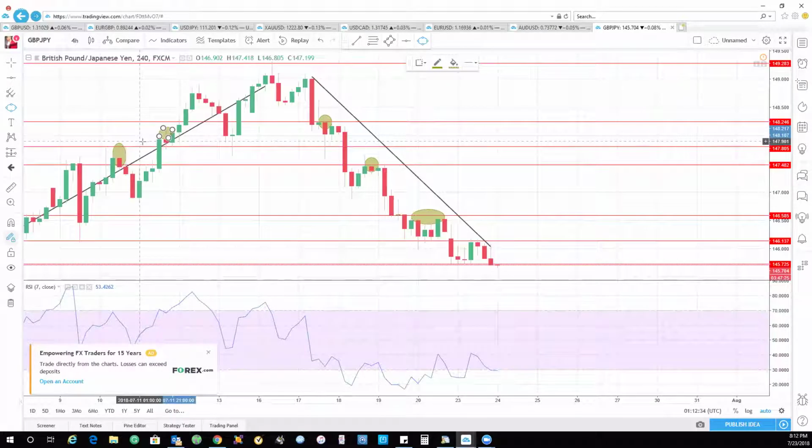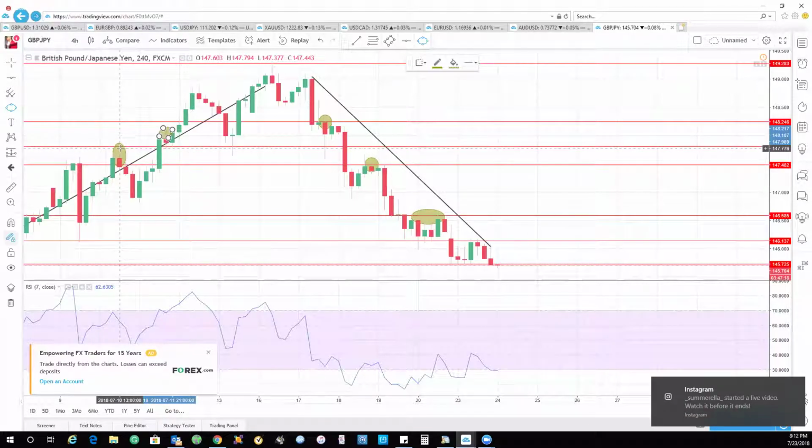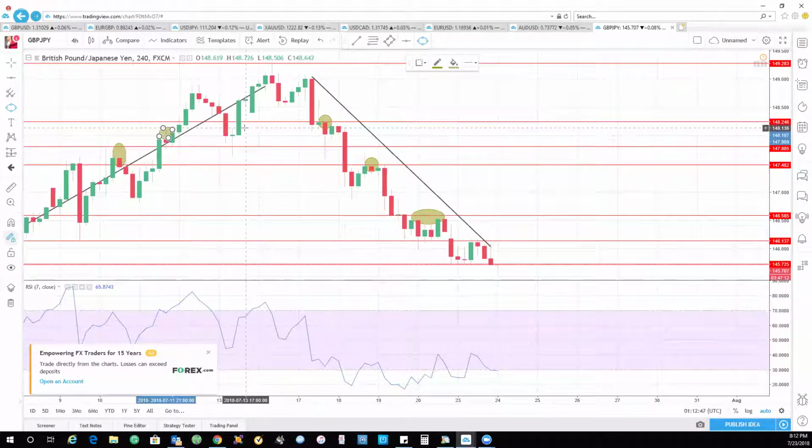So the perfect example, we'll start with this one. This was an uptrend. As you see, these 3 wicks hit the resistance line, and the market retraced. But once again, this pattern is a bull pattern. So it slightly retraced, but it is always going to continue with the flow of the trade. As you see another confirmation, these 2 attempted to hit this resistance level, but it didn't make it through.